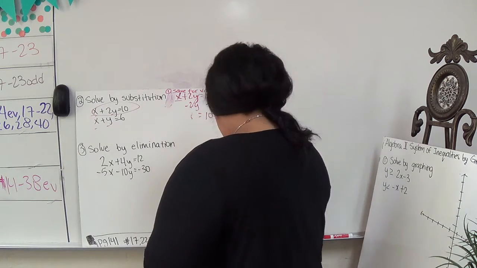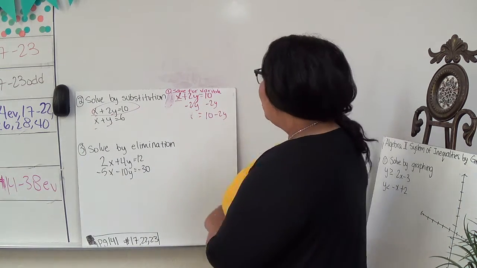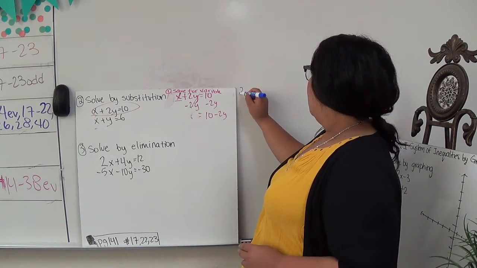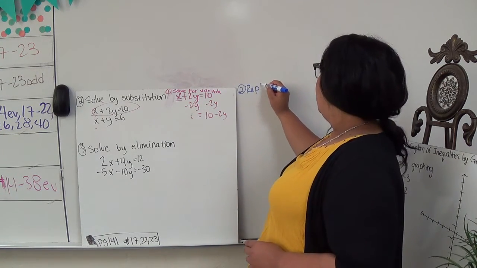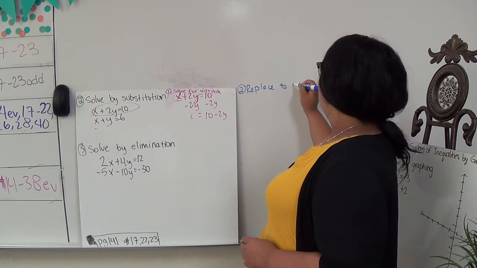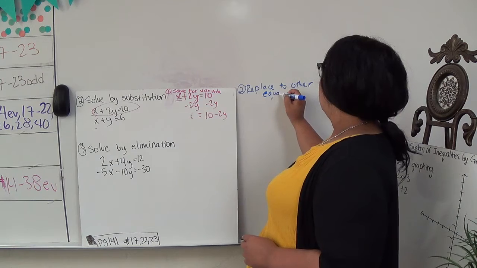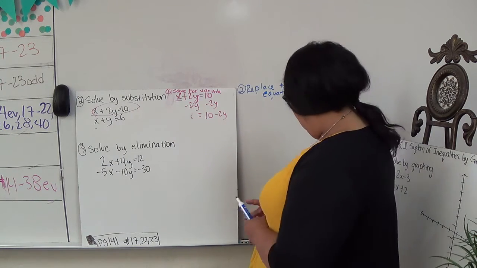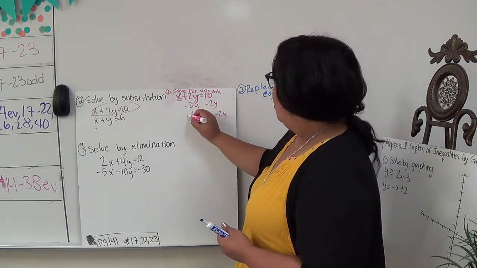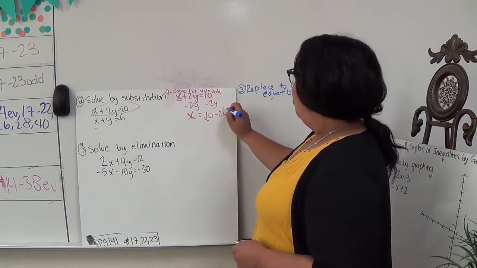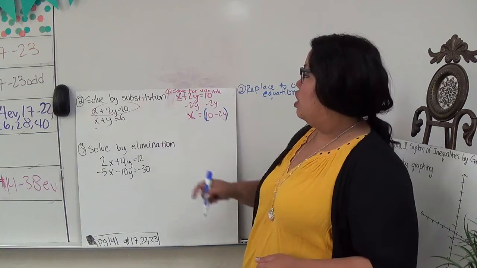Okay. My next step is to then replace that variable in the other equation. So what I'm going to do is, this equals x right here, right? That means this bubble represents x in both equations.